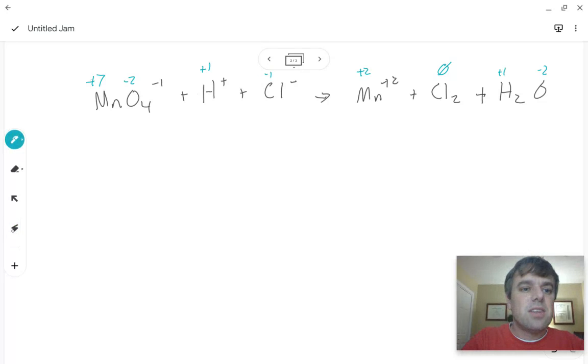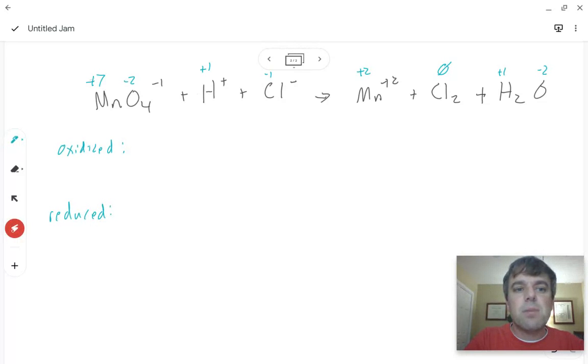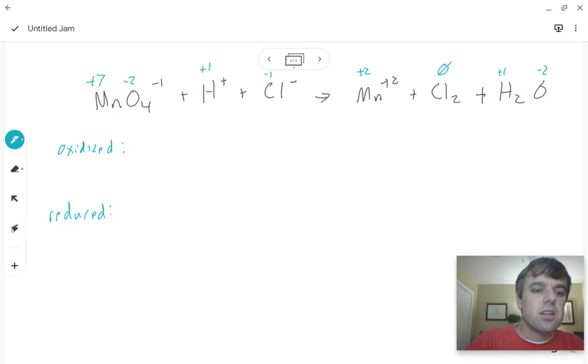So if we analyze this to see what is oxidized and what is reduced, we'll notice that manganese goes from +7 to +2. So the charge is going down. That is reduction. So that's manganese. And reduction is gaining. Remember oil rig. Reduction is gaining electrons.